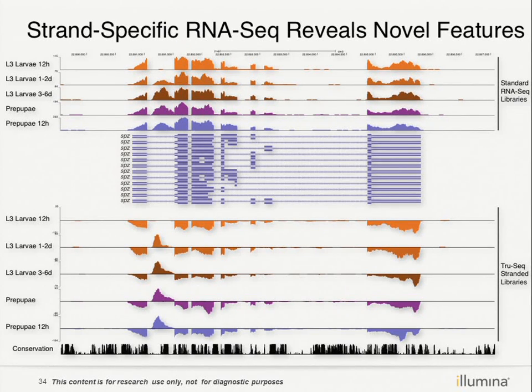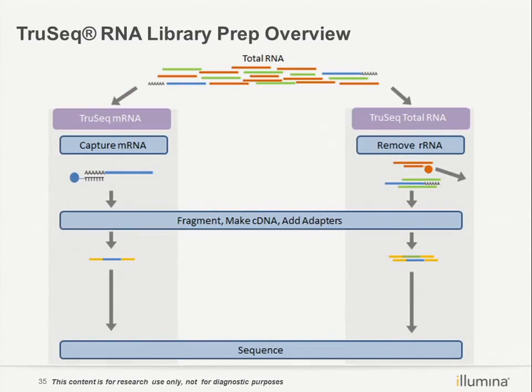In this experiment, they find this expression does not just come from the intron expression, but also from the antisense, the second cDNA strand. That's why we say the stranded library preparation kit can provide much more information compared to the standard one. But at Illumina, we provide both choices to the users. You can select either the standard one or the strand-specific one.